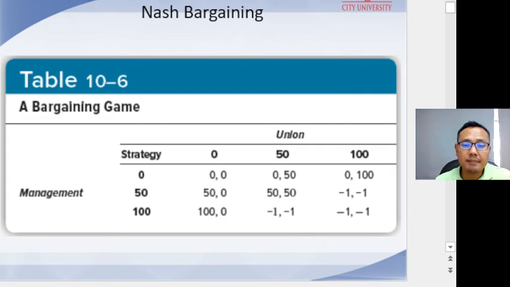Consequently, many players in real world settings tend to choose strategies that result in such a split, even though there are other Nash equilibria. So clearly in the game in Table 10.6, if you expect the union to ask for $50, you as management should ask for $50 as well.